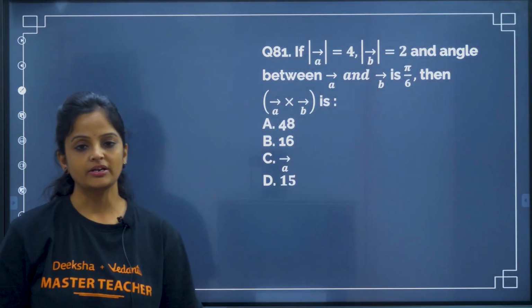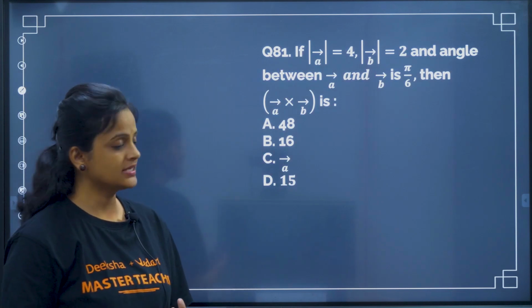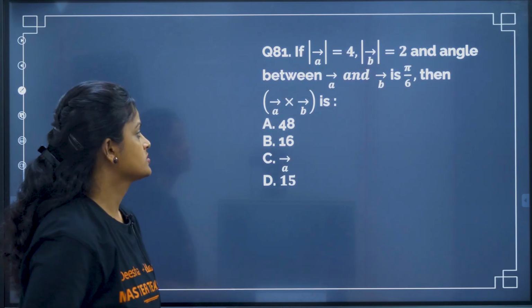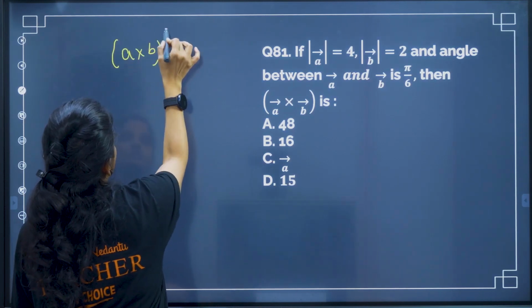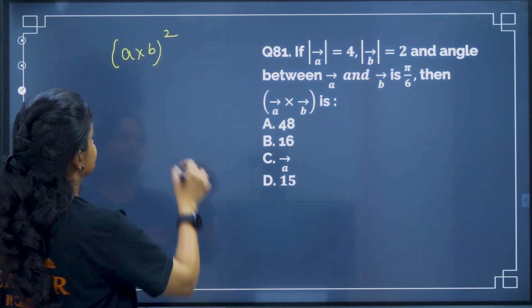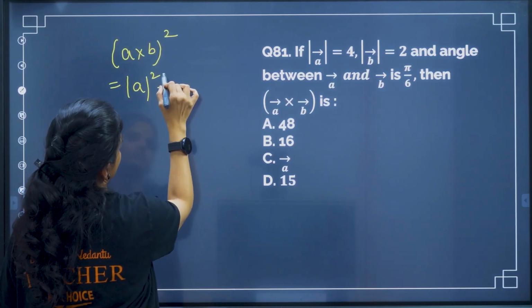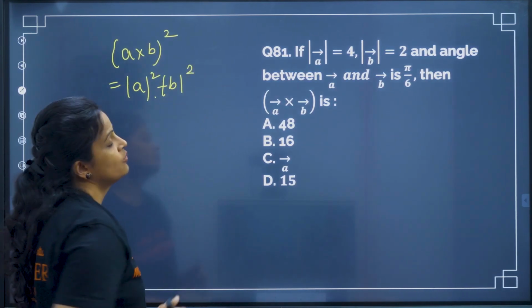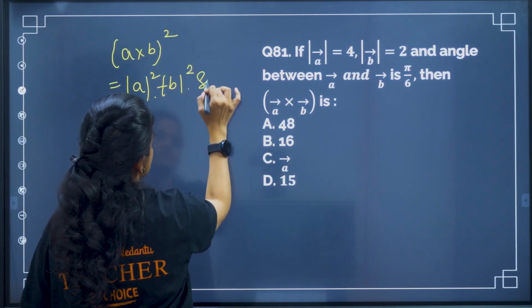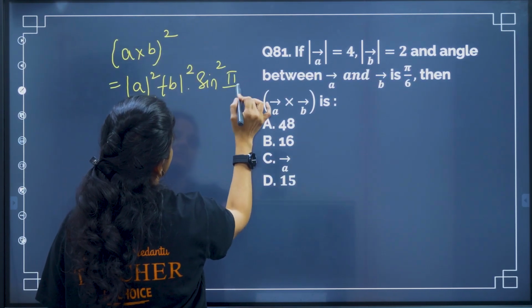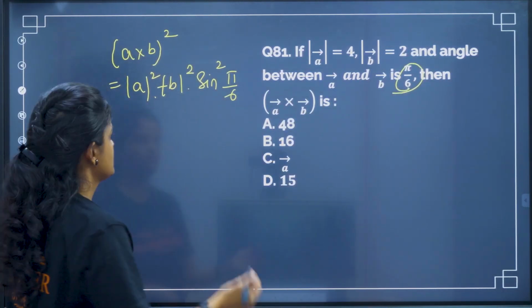Magnitude of A is 4, magnitude of B is 2, and the angle between A and B is given as pi by 6. What will be A cross B? Okay, A cross B whole square is magnitude of A square, magnitude of B square, we all know what is A cross B, I have not written vectors, you can write vectors, sine square pi by 6, because the angle between both is given as pi by 6.